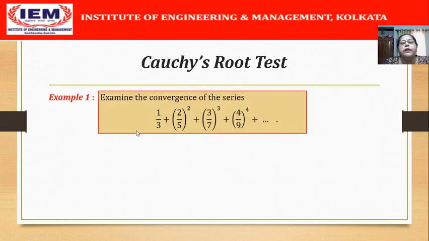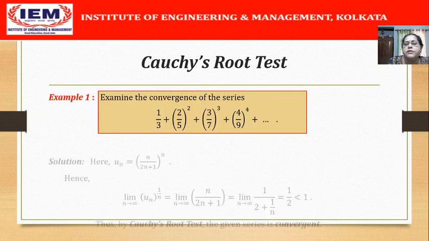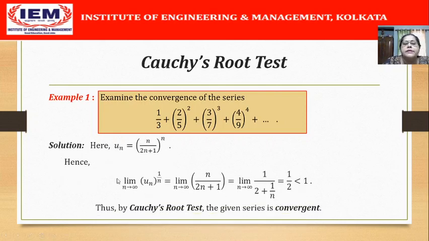The first one is: examine the convergence of the series 1 by 3 plus (2 by 5) whole square plus (3 by 7) whole cube plus (4 by 9) whole to the power 4 and so on. To examine this series, first we need to write down the nth term, un, which can be written as (n by 2n plus 1) to the power n.